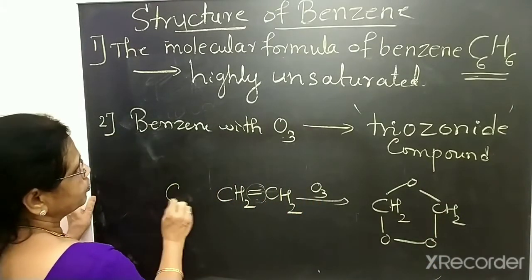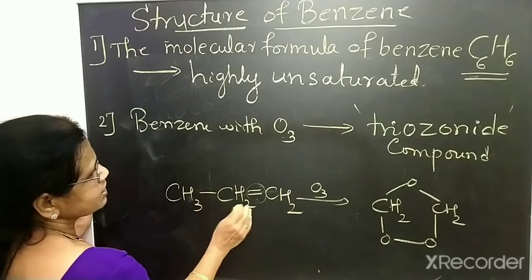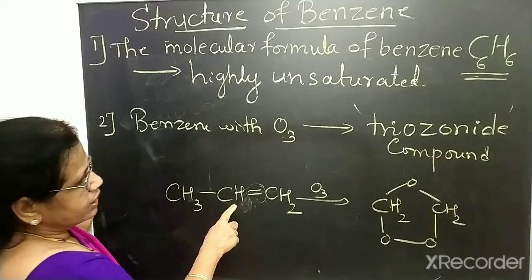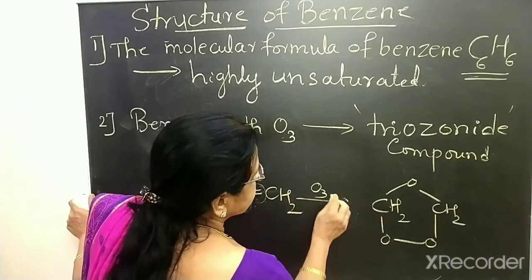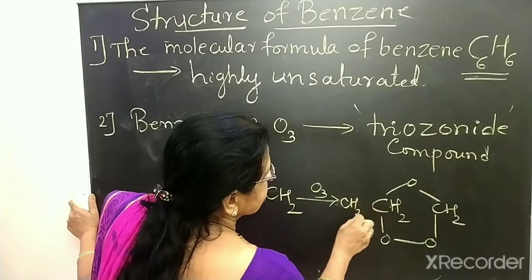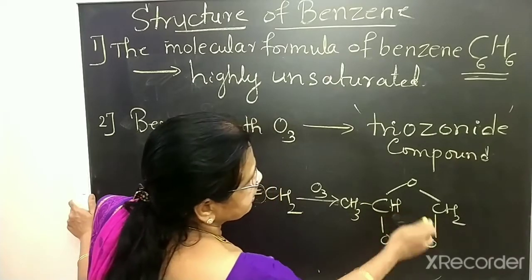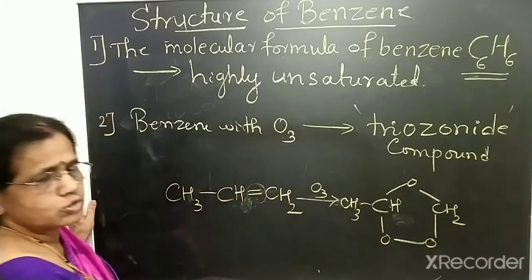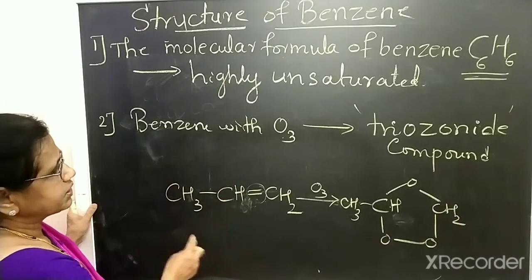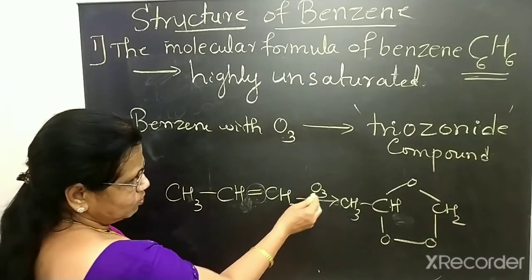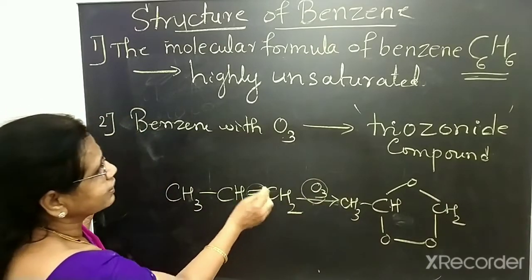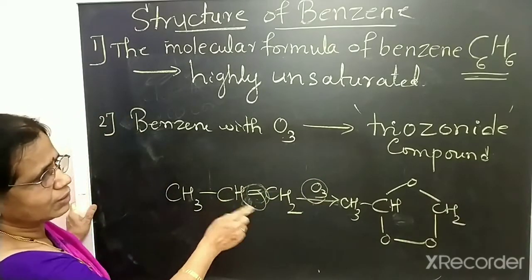Similarly, if you have propene, CH3CH double bond CH2, it reacts with ozone and gives CH3, then CH again O, CH2O. This is propene ozonide. So what it indicates is that in ozonide formation, one molecule of O3 is added at the double bonded carbon atoms.